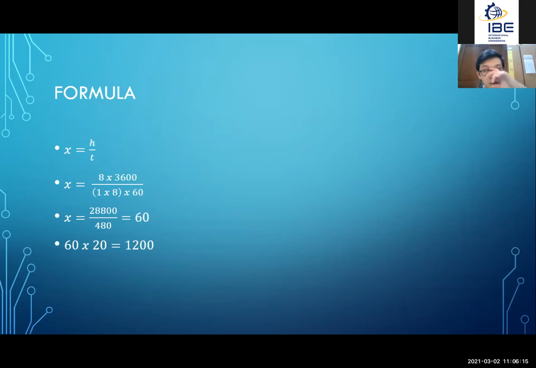For 1 month, if I calculate the workers at 40 hours per week, 1 month is 4 weeks, so 1 week equals 5 days of work. So 60 times 20 is equal to 1,200 pieces of shoes.